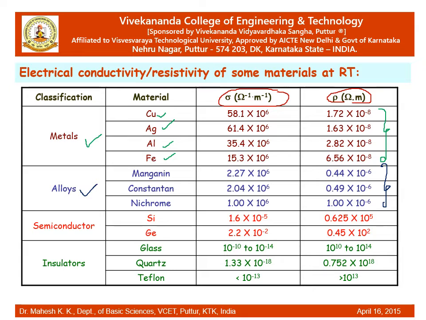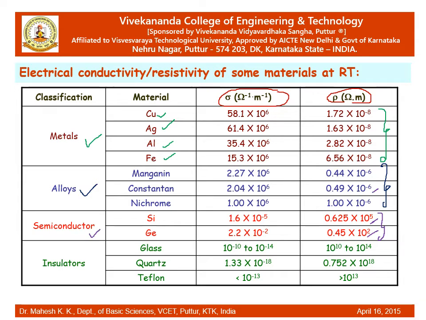But in the case of semiconductors, the electrical resistivity is in the range 10 to the power 2 to 10 to the power 5 ohm meter. Here it is 10 to the power minus 6 for good conductors, but in the case of semiconductors it is 10 to the power plus 5 or plus 2. So then they are semiconductors.